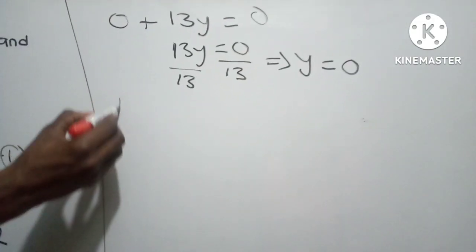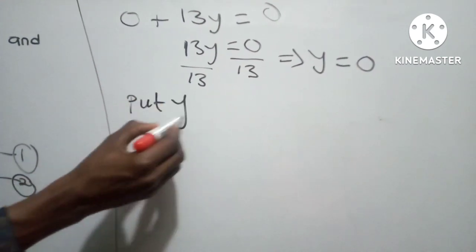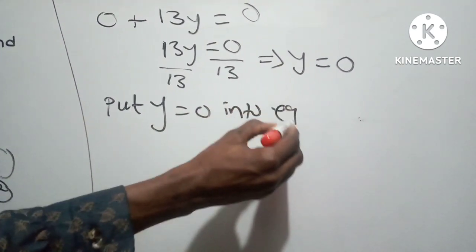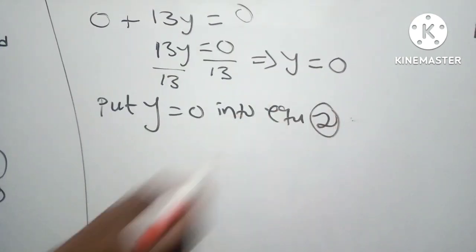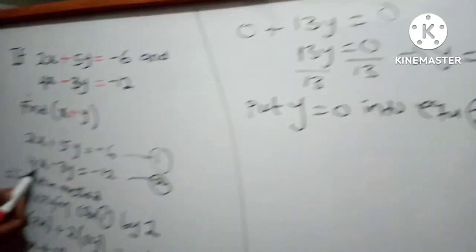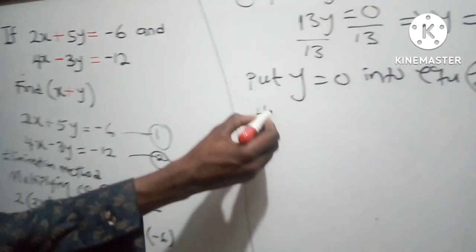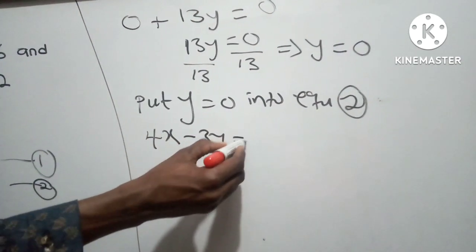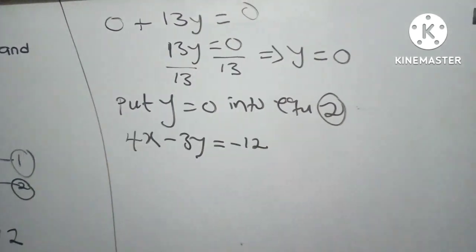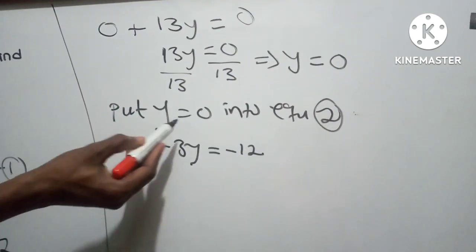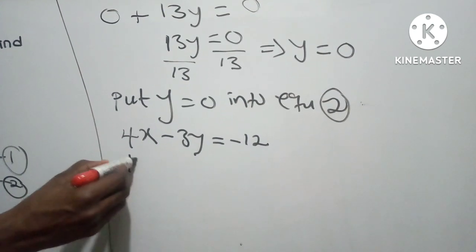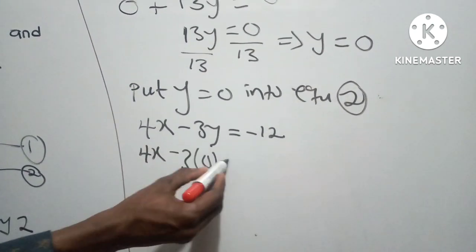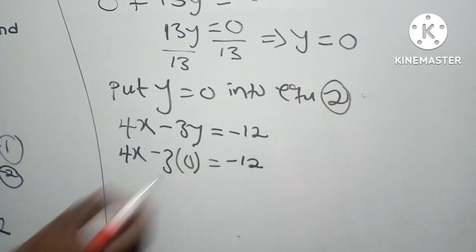So let's say we put y is equal to 0 into equation 2, and our equation 2 was 4x minus 3y is equal to minus 12. So anywhere we see y, we put 0 there. So 4x minus 3 times 0, because there's y here, is equal to minus 12.